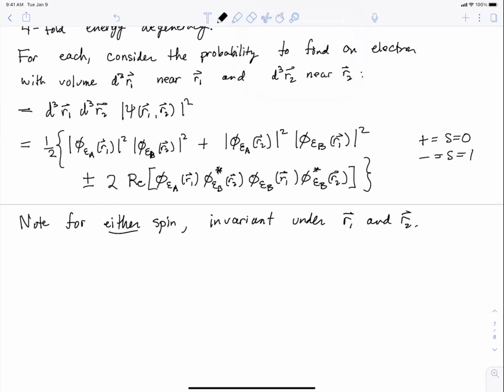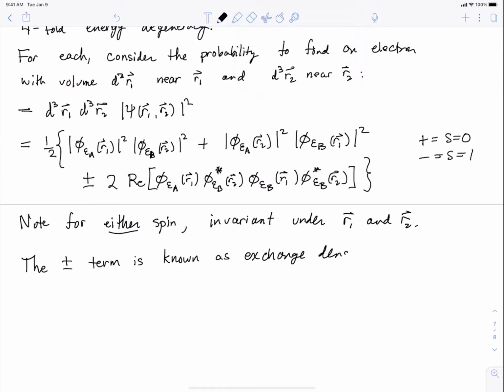And so that term is known as the exchange density. It's a change in the density that comes about from the fact that the 2 parts of the wave function can interfere.